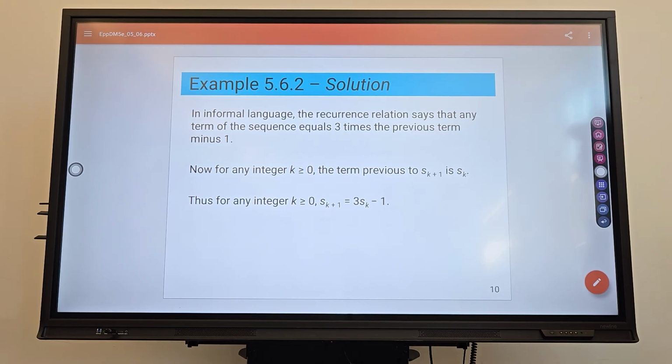Now, for any integer k greater than or equal to 0, the term previous to S sub k plus 1 is S sub k. Thus, for any integer k greater than or equal to 0, S sub k plus 1 equals 3 S sub k minus 1.